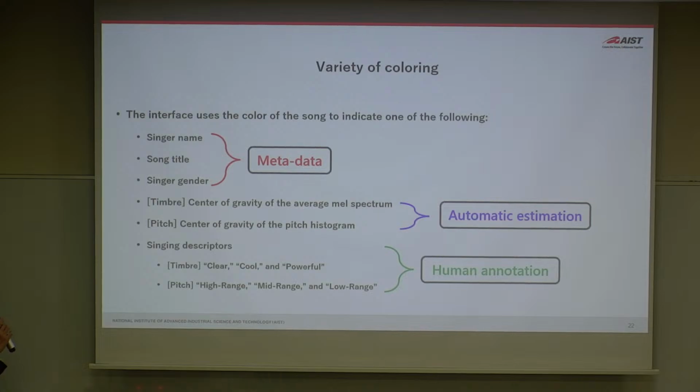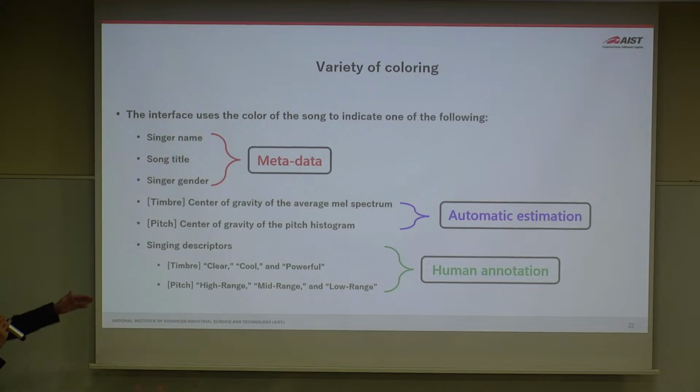Not only the singer gender, but we also use other aspects to color songs: singer name, song title, and singer gender as metadata of the song. We automatically calculate the center of gravity of the average mel spectrum, which is used as timbre information, and the center of gravity of the pitch histogram.